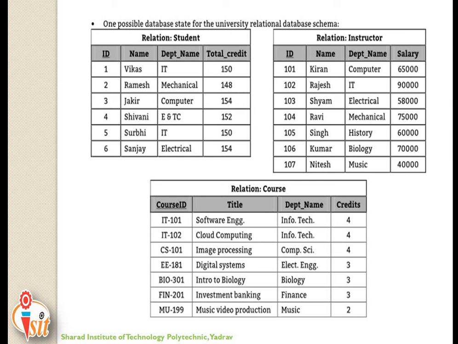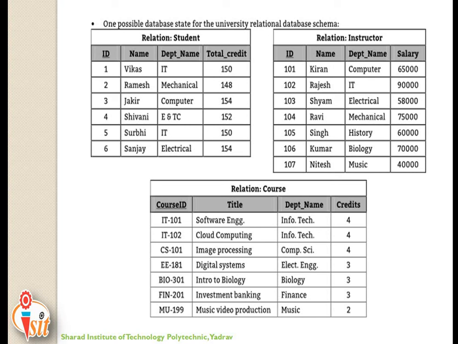Then the second one is the relation instructor. Here ID, name, department name, salary are the schemas. Then various values are assigned, like IDs for the instructors are 101, 102, 103, 104, and so on.